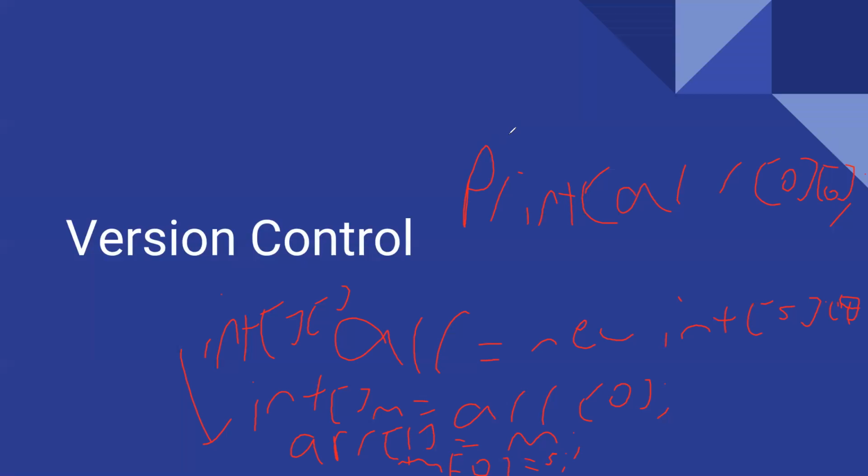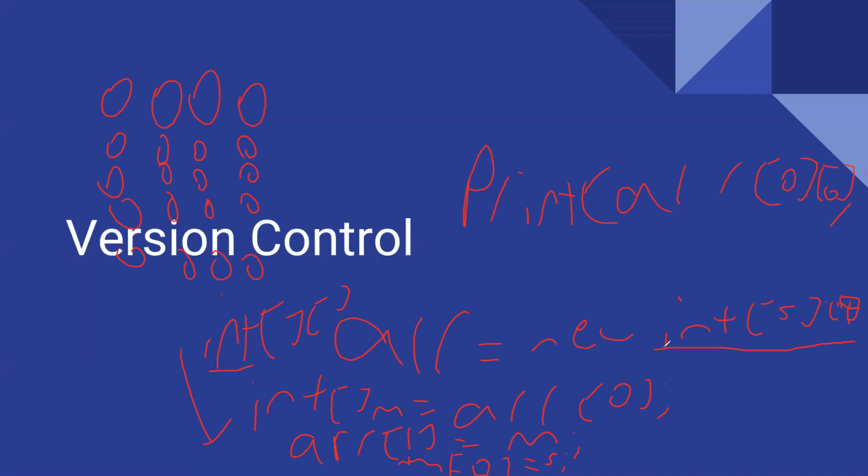Okay, let me just draw it out so you guys can all see. Originally we have 0s, 5 rows, 4 columns. So originally we had this, right? Then this line here made it. Notice that when we use int, it initializes everything as 0, because we actually made this. If we only put new int 5 and left the second one blank, it wouldn't have filled it in with zeros.